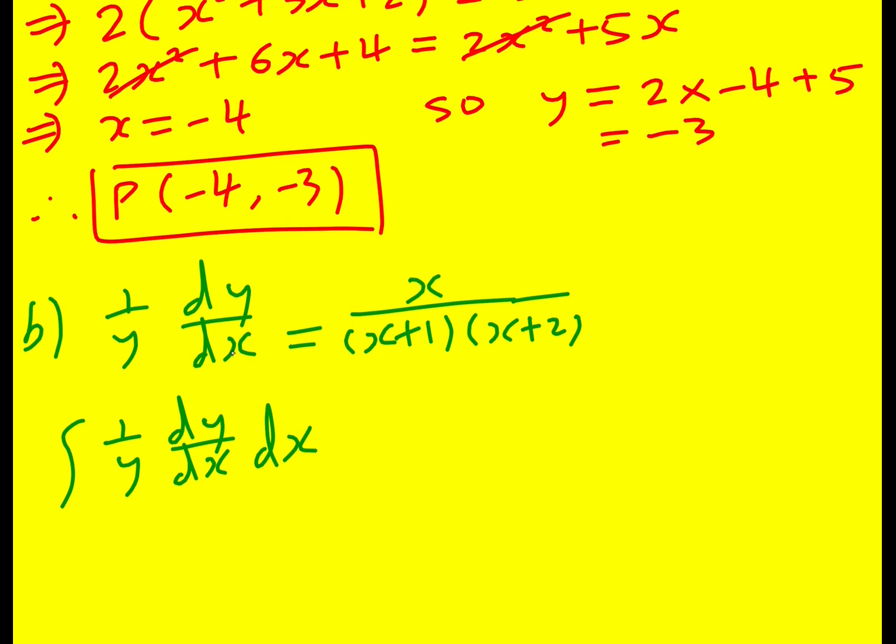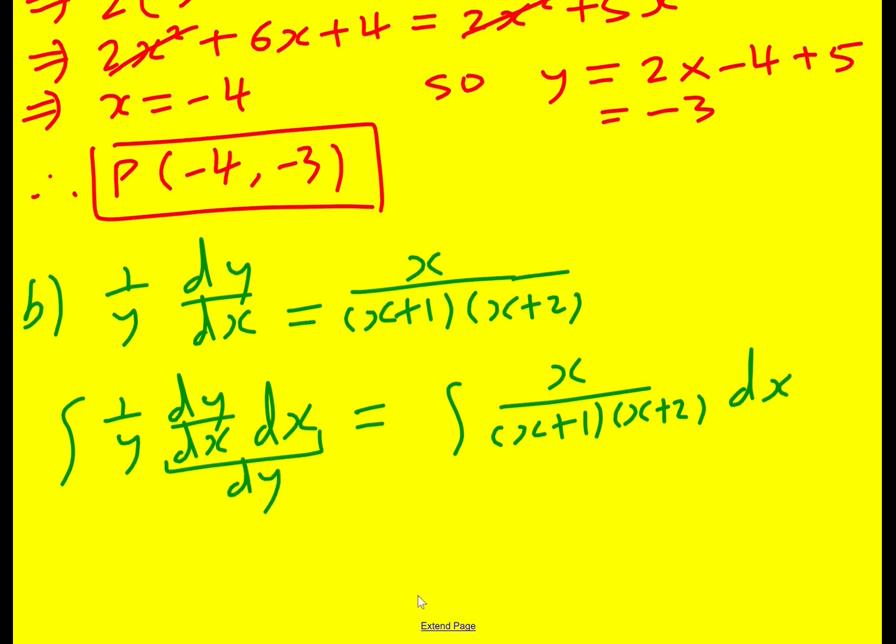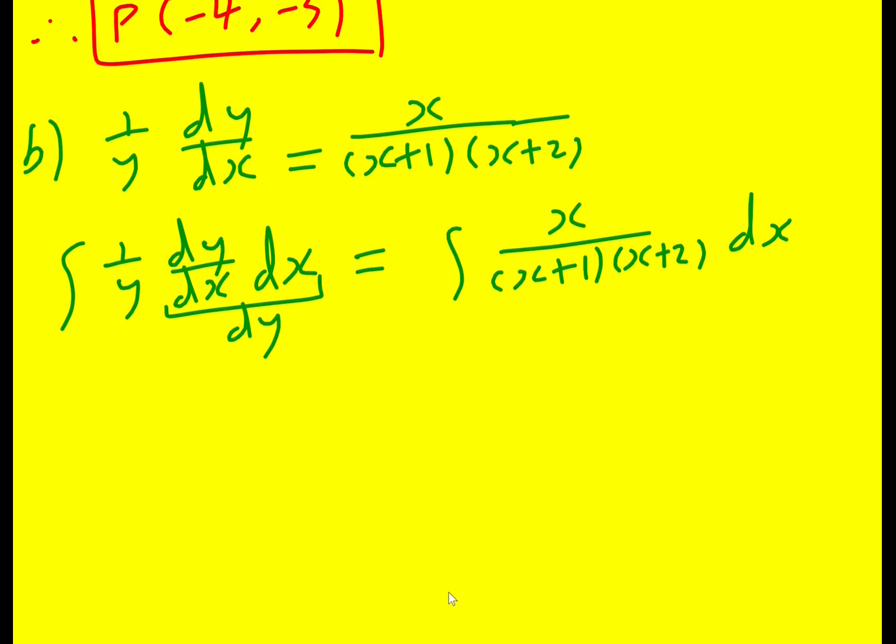Sometimes I see people kind of multiply through by the dx and then integrate, but technically speaking, we should do the same thing to both sides. It just turns out that when you differentiate this with respect to x, this is dy using the chain rule, and then we're okay. So we've set things up. How do we integrate this?